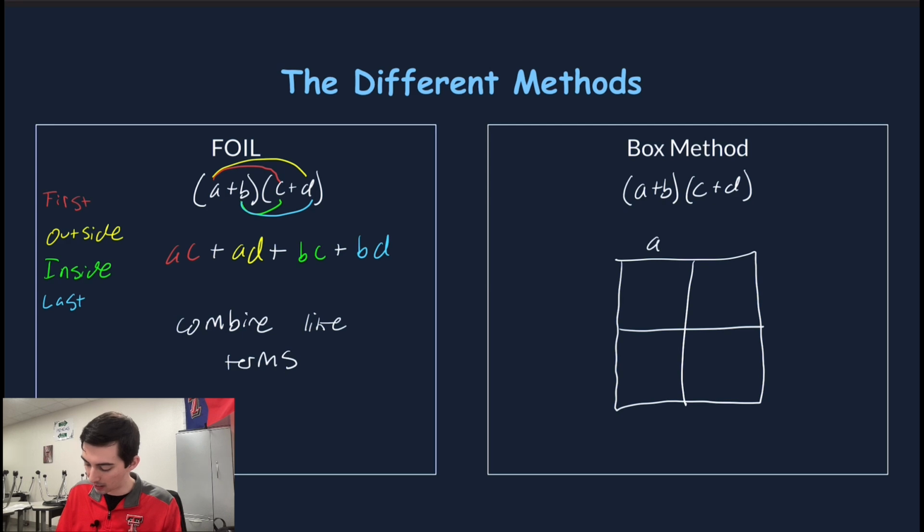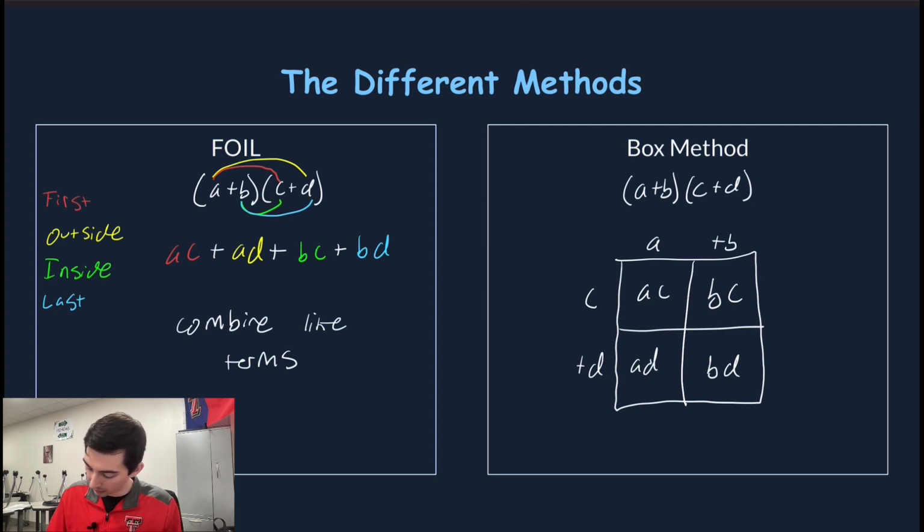So I'd make it a plus b and c plus d. And so then we're just going to multiply whatever matches up in that box. So I'd have a times c, I would have b times c here because b and c meet up. Then I'd have a times d, then I would have b times d, okay?